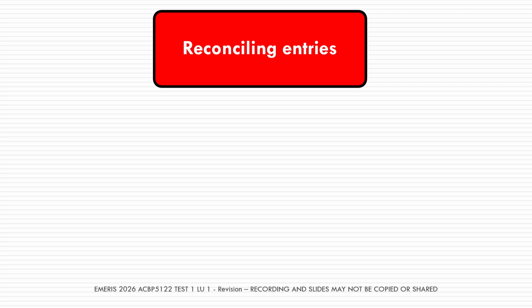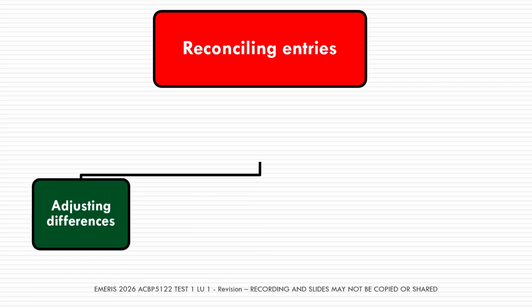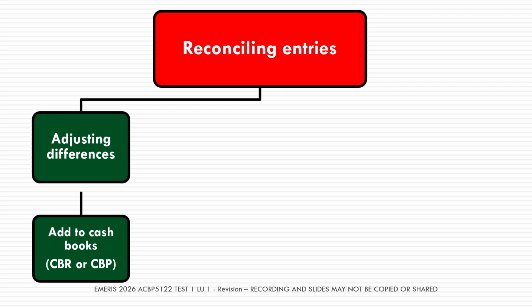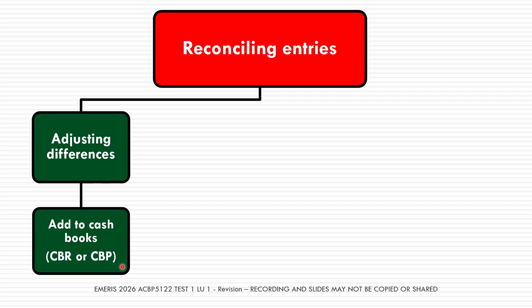So let's recap then. Our reconciling entries are also known as reconciling differences, and we divide them into 3 main categories: adjusting differences. And with adjusting differences, we are going to update either cash book receipts or cash book payments, depending on the type of adjusting difference.